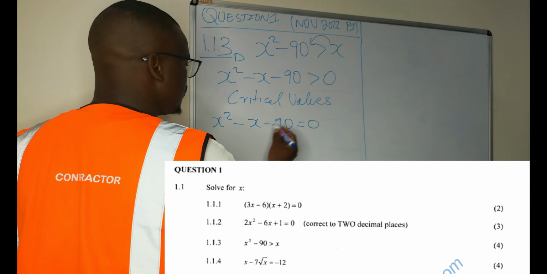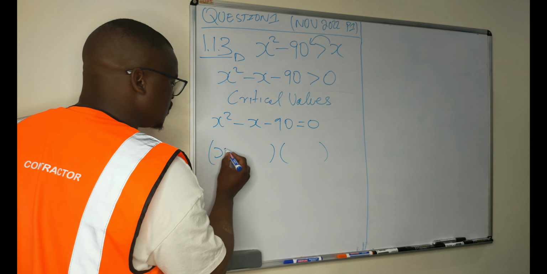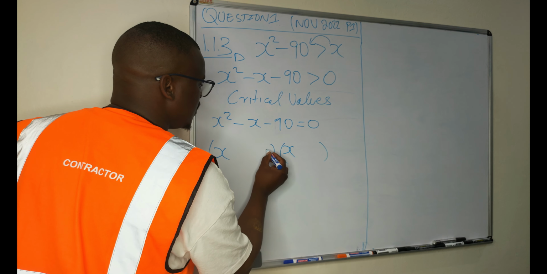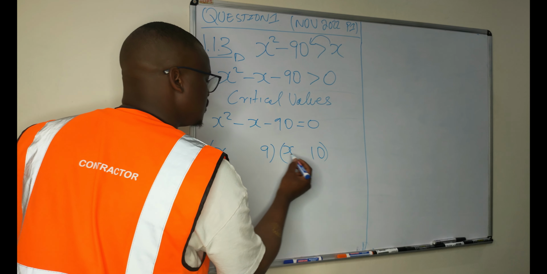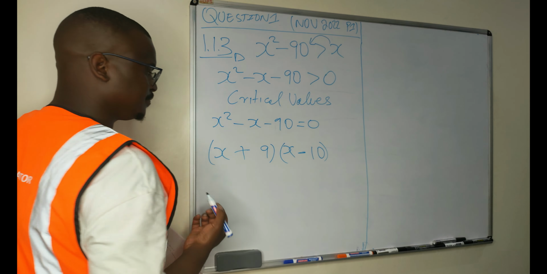Factorize this, or you put it in a quadratic equation, because this is similar to the one we used the quadratic equation for. You can use the quadratic equation here if you can't factorize. So for x, we have 9, we have 10, minus, plus. So x is equal to minus 9, x is equal to 10.